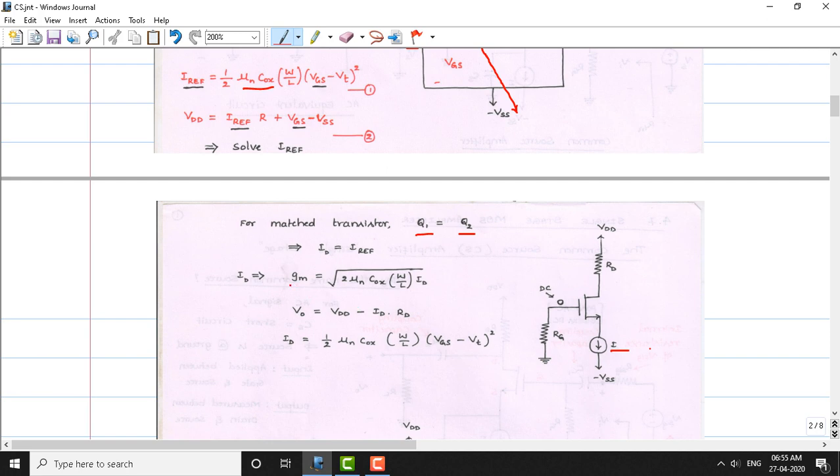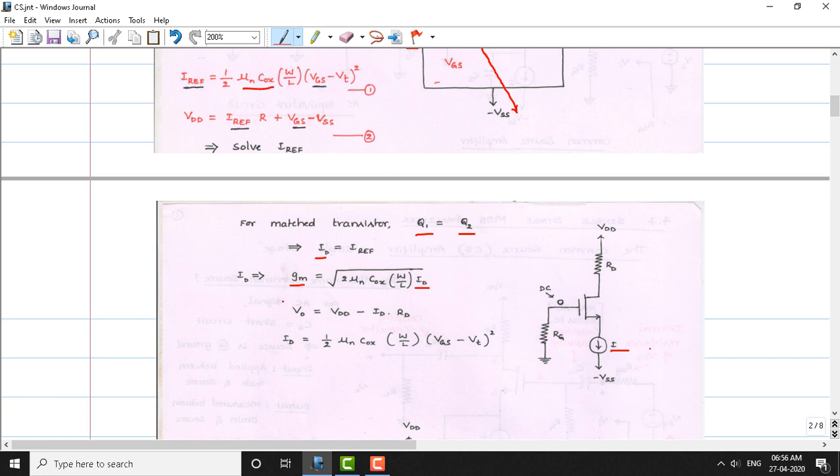Now we know the transconductance gm; this equation we derived in module 1. The transconductance gm is equivalent to the square root of 2 times mu n COX times W by L times ID. This drain current, or reference current here, decides the transconductance of the amplifier.